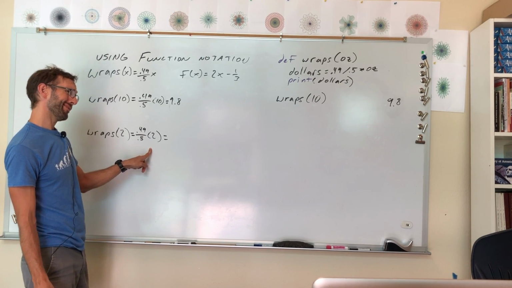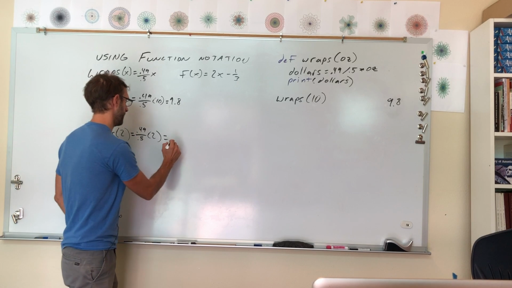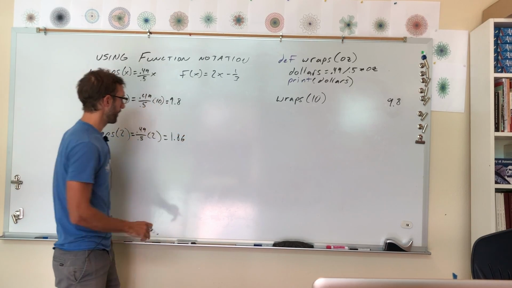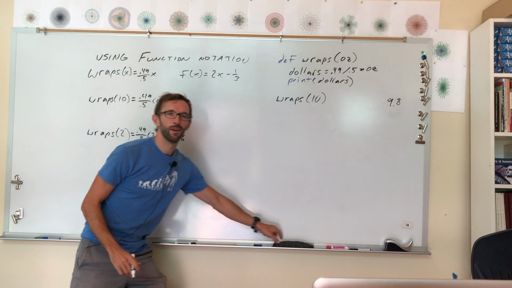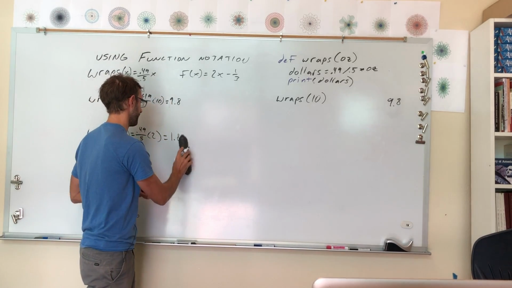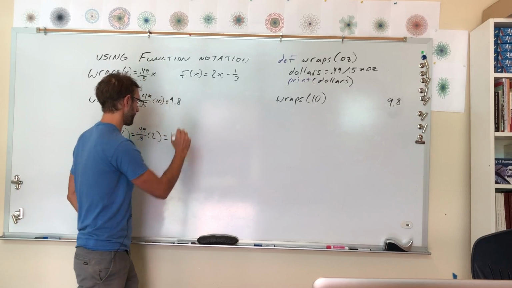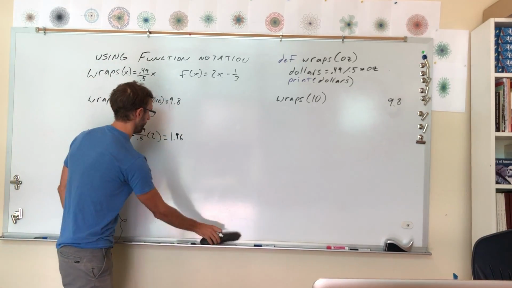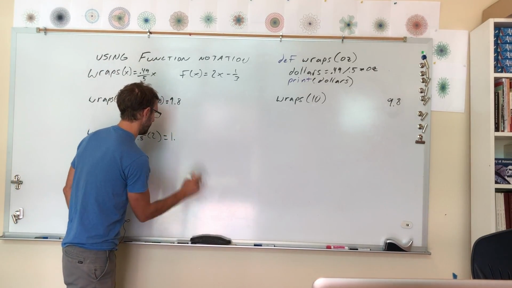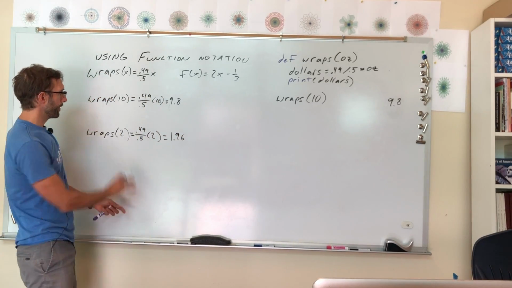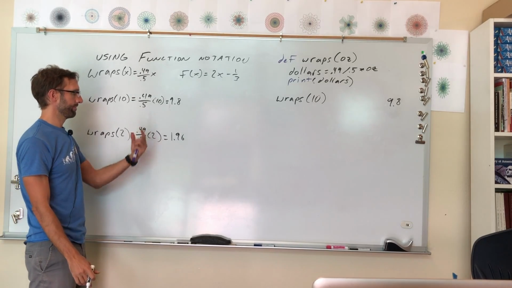So I believe it's going to be 1.86. Oh, no, that's not right. That can't be right. 1.96. There we go. All right. Now this, there's no context to it. It's just, that's what we get.